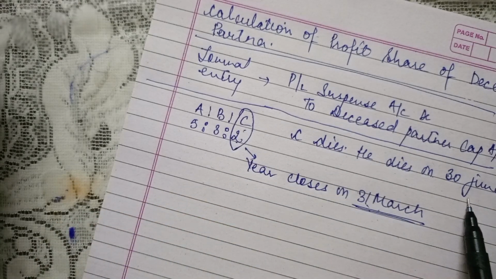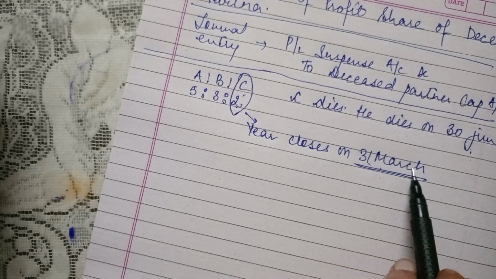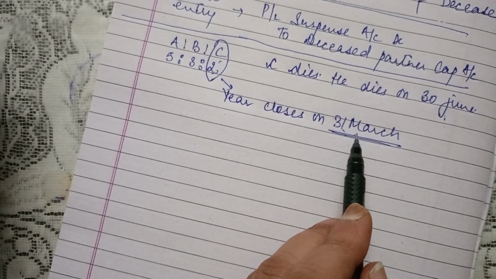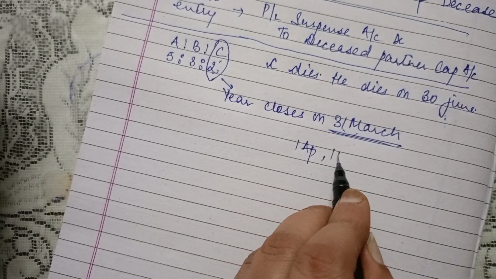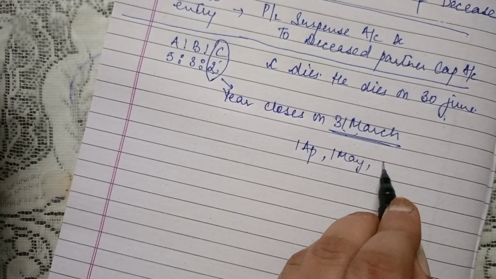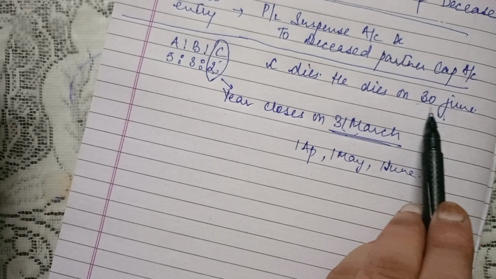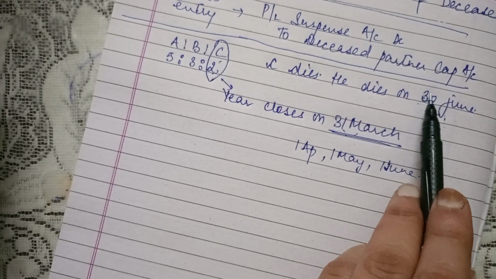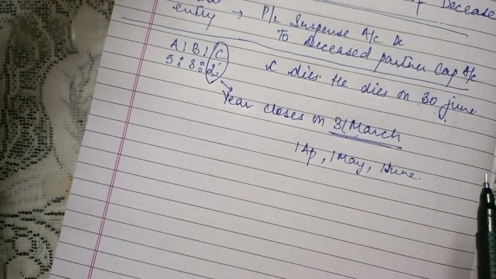On 30th June, he will die. And how many months from 31st March till 30th June will it cover? If it is written as 1st June, do not consider 1st June. If it is written 30th June, then you can consider 30th June for your calculation.